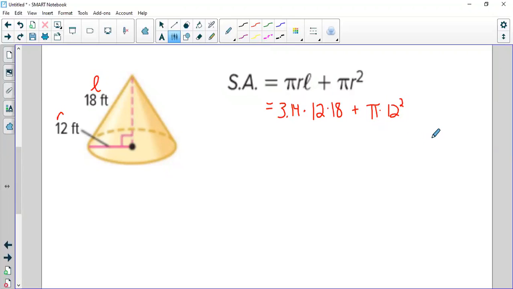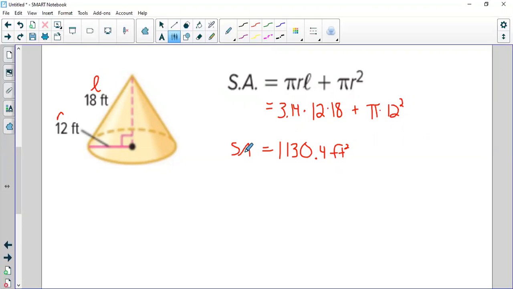And we add those together. So, handy dandy calculator, 3.14 times 12 times 18 plus 3.14 times 12 squared gives you a grand total of 1,130.4, and these are feet, and area, even as a three-dimensional figure, its area is always squared.